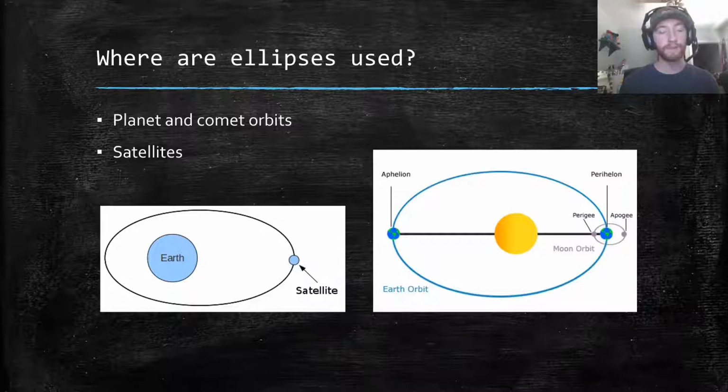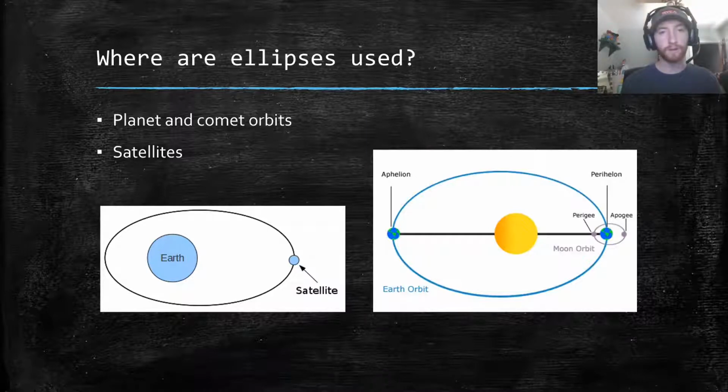Next we have ellipses, and these are very easy to pinpoint examples out in space. Planets, comets, satellites, they all have elliptical orbits for the most part.